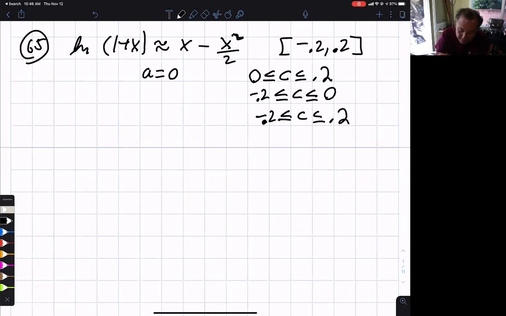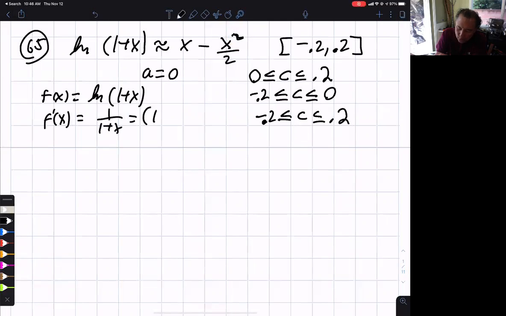Now, this f of x is ln of 1 plus x. Since this is a second order polynomial, we use the next term, which is a third order term, to find our Lagrange error bound. So we need the third derivative. The first derivative is 1 over 1 plus x, which I'll rewrite as (1 plus x) to the negative 1.